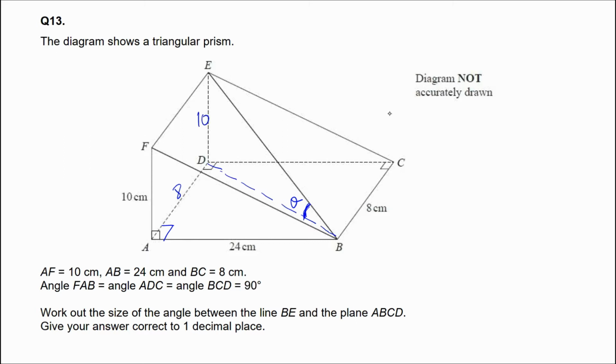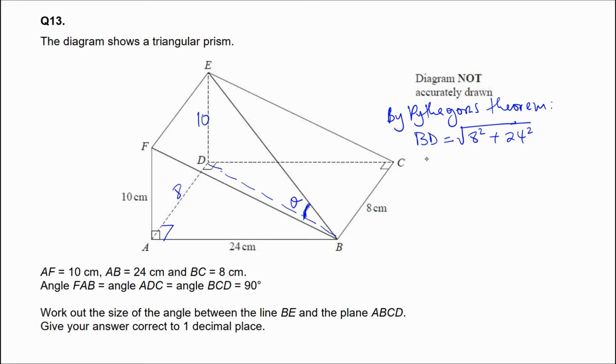So by Pythagoras theorem, we can say that BD will be equal to the square root of 8 squared plus 24 squared.